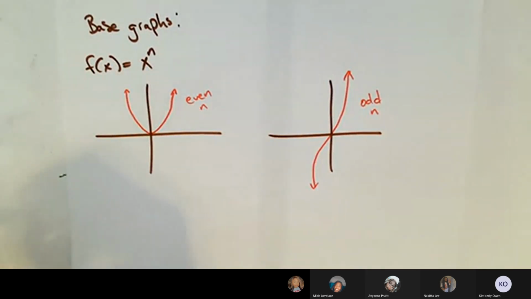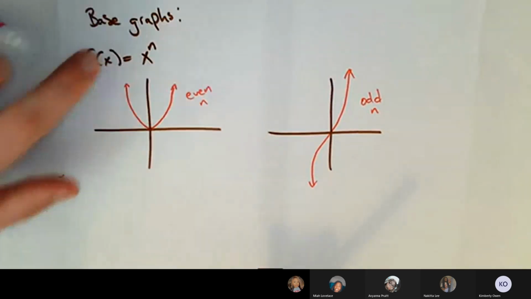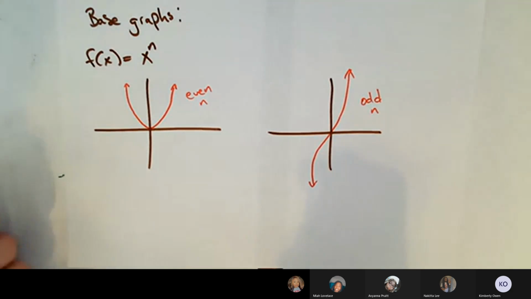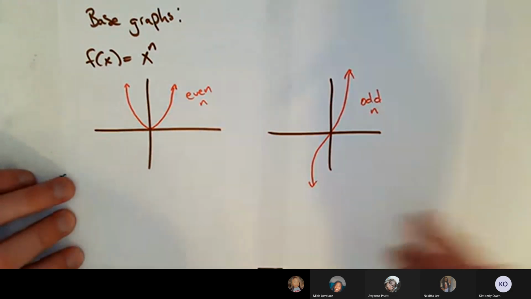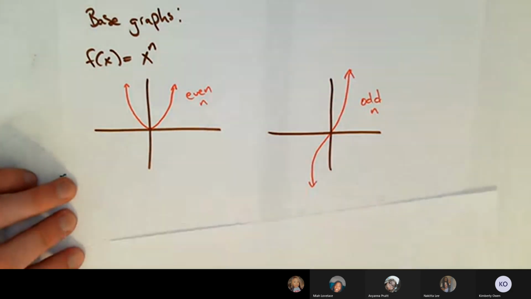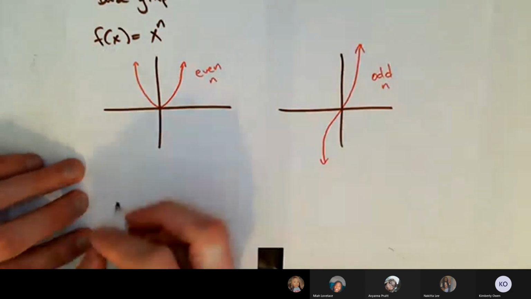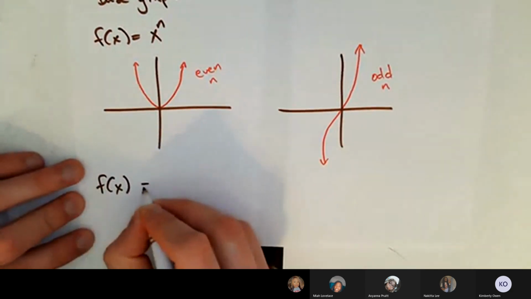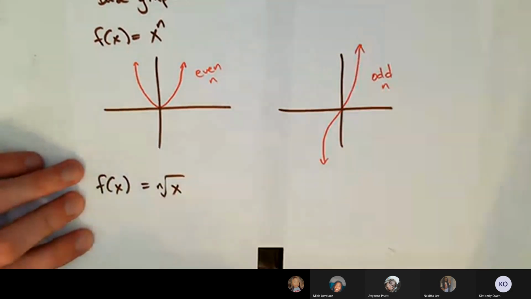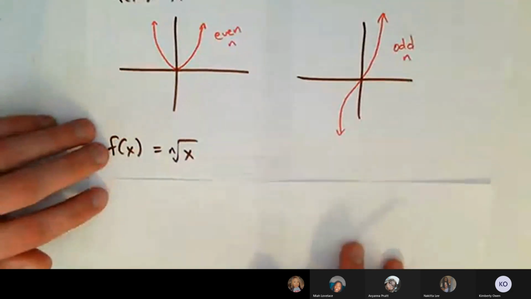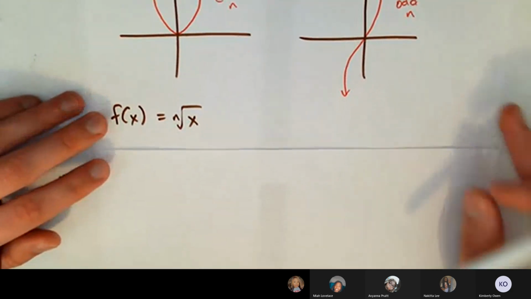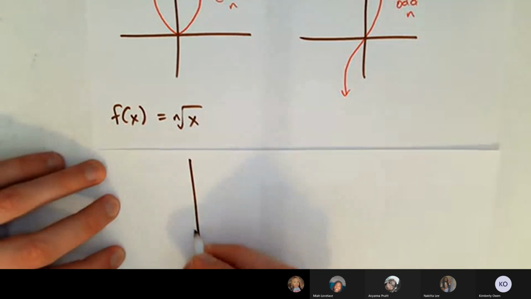Then we had three classes of functions. We had the power functions, and we have the root functions. F of x equals the nth root of x. Each one of these categories of functions is going to be able to be split into even and odd.